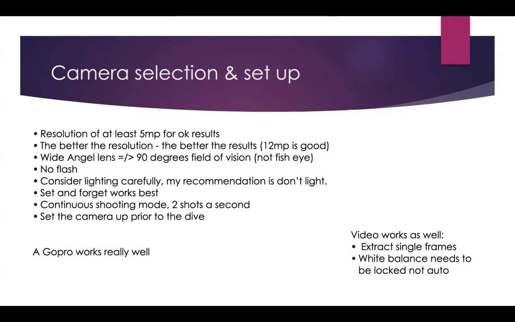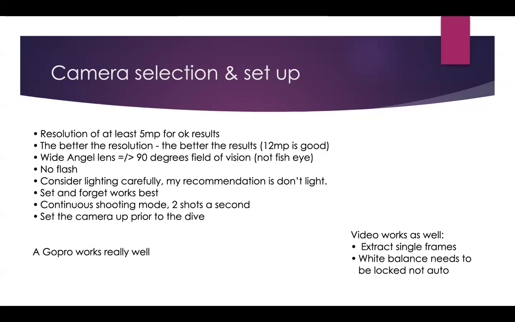What you do need is a camera that's got some resolution. So 5 megapixels for okay results. The more definition you have, the better result you'll get from your photogrammetry. So a 12 megapixel camera is really good.